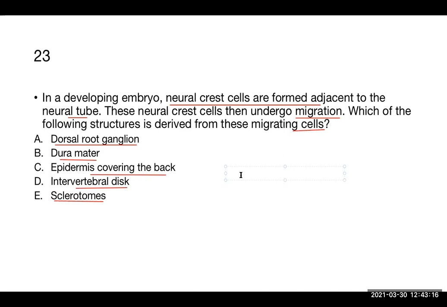Okay. It is written in the textbook. Pia mater is also derived from the neural crest cells, and then the laryngeal cartilage and smooth muscles are also derived from the neural crest cells. So, from the exam point of view, remember the melanocyte. They love to ask that melanocyte and dorsal root ganglion are the derivatives of neural crest cells. Let's move on.